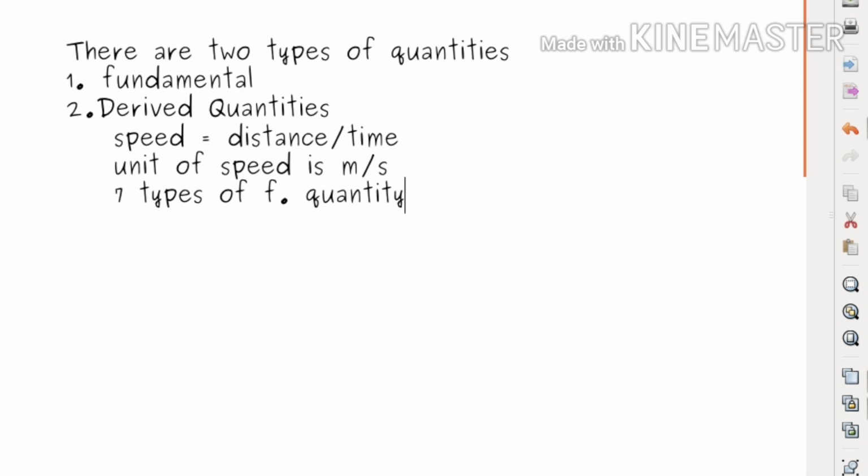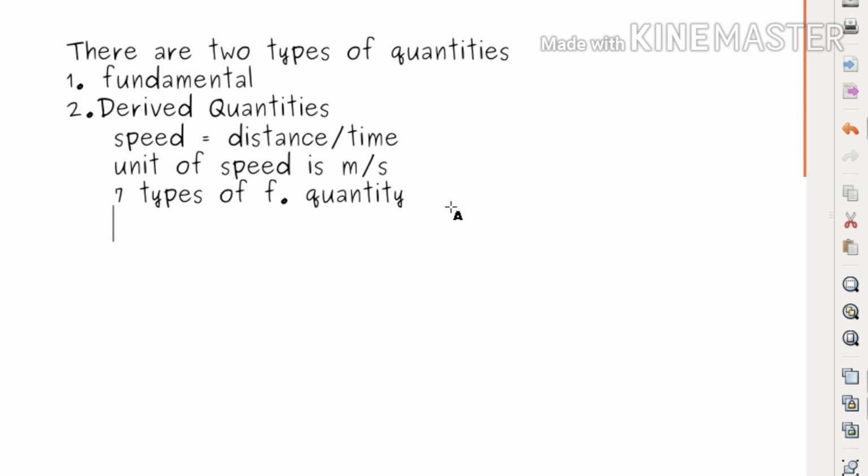There are 7 physical quantities, and all other quantities can be derived by using these quantities. So I'm taking some more examples so that it will be clear to you.